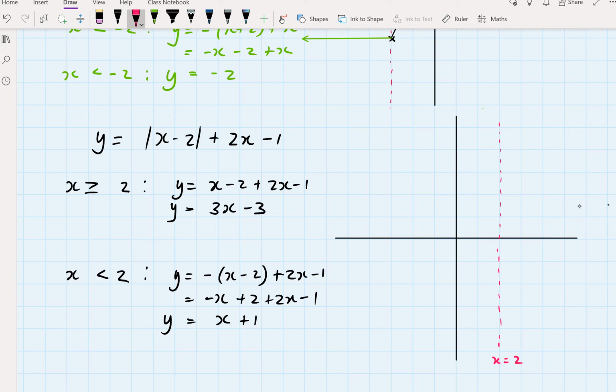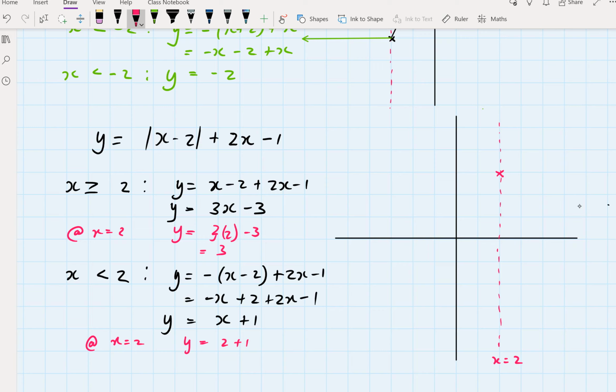Now, at x is equal to 2, y is going to be 3 times 2 minus 3. In other words, y is going to equal 3. So it's going to be up over here. And we can see over here at x is equal to 2, y is going to be 2 plus 1, which is 3 as well. So that's good. We've got agreement there.